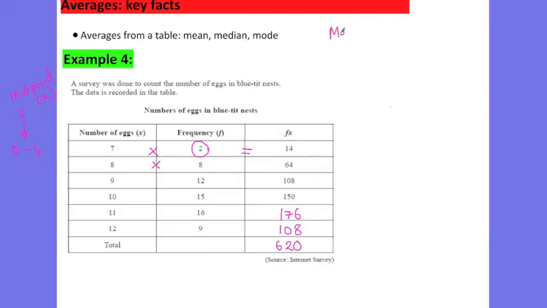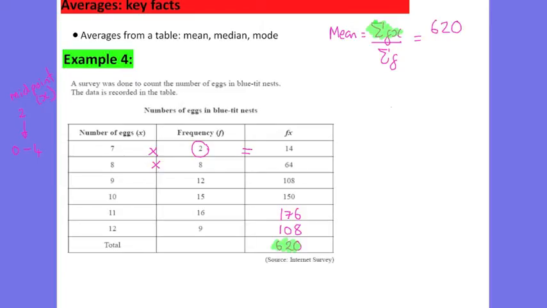The mean is found by a formula that looks like this. You may be familiar with this. This sign here says the sum. It's a mathematical code. It's a Greek letter that represents the sum of fx. All that means, the sum of fx, just means the total. Okay, so when we find this out, it's 620.